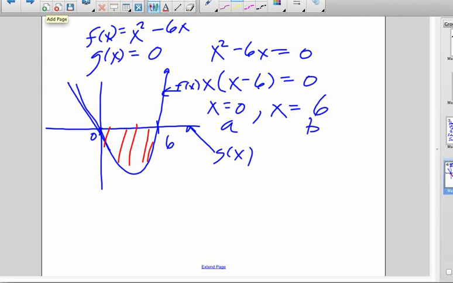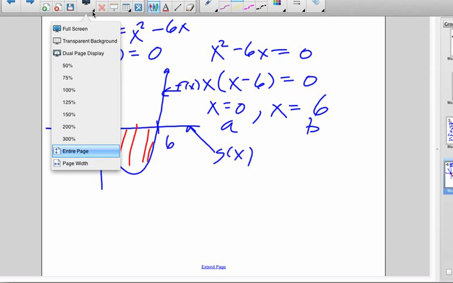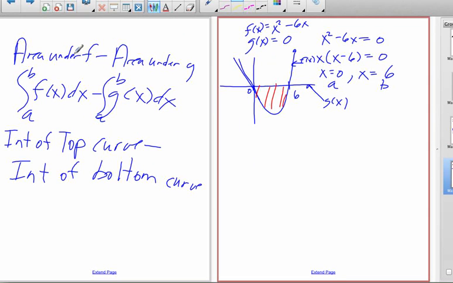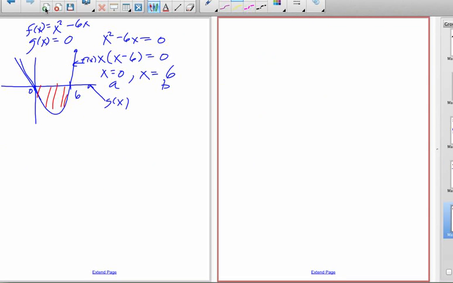So you'll notice that in this one, my g of x is on top. So to set this up, I'm going to be dealing with the integral of g of x dx minus the integral of the bottom curve, which is my f of x dx, from a to b and from a to b.